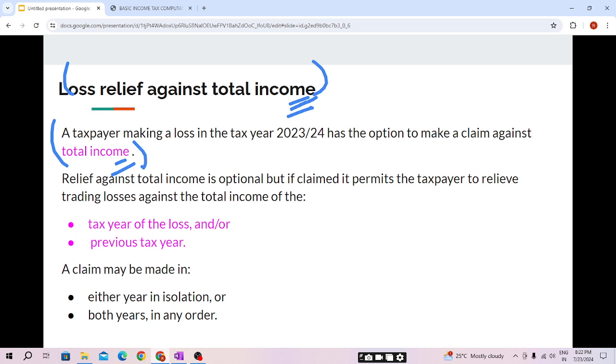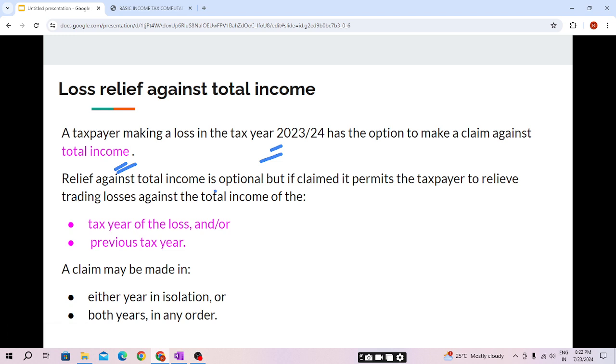Option 1 is the claim against the total income. If option 1 is not selected, the loss will automatically be carried forward to the next year. So a taxpayer making a loss in the tax year 23-24 has the option to make a claim against total income.